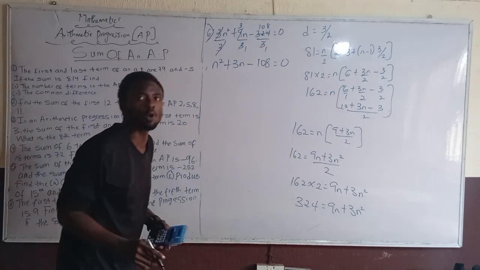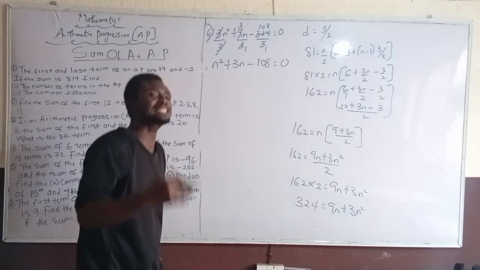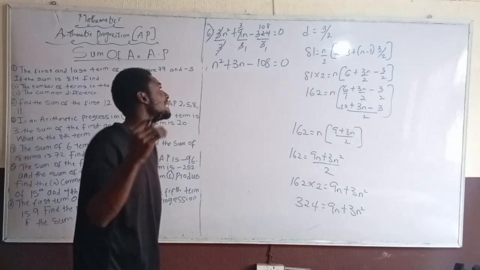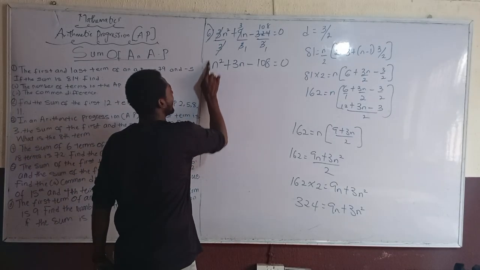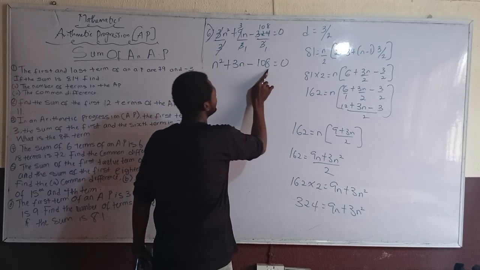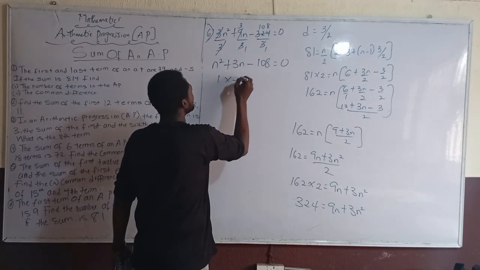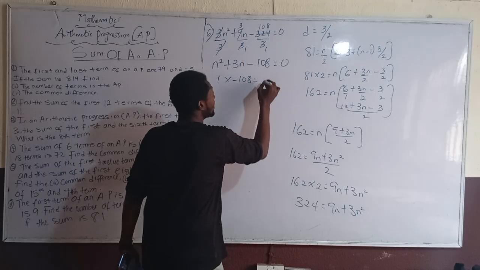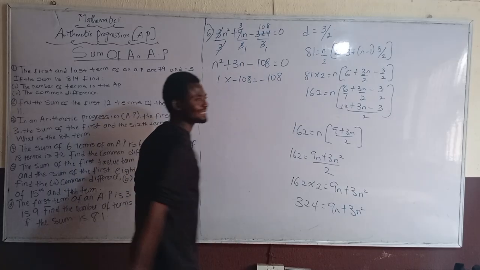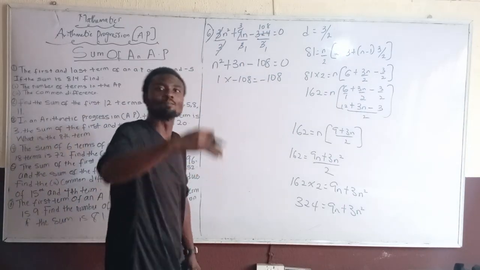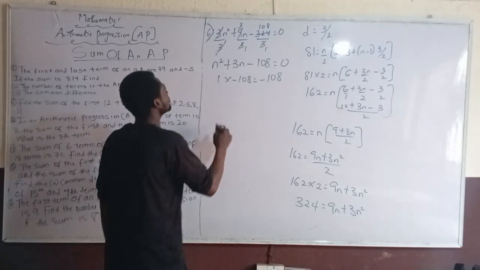Now, when you want to factorize, the first thing you do, multiply a by c. This is a, the number here. This is b, this is c. The number here is 1. So here becomes 1 times minus 108, that is minus 108. So here becomes what?